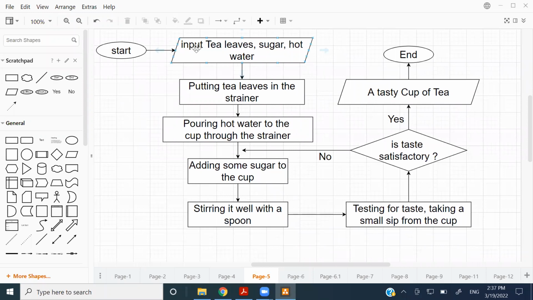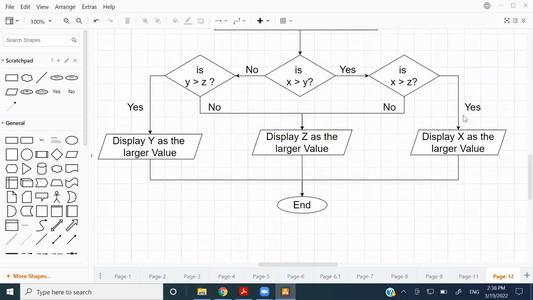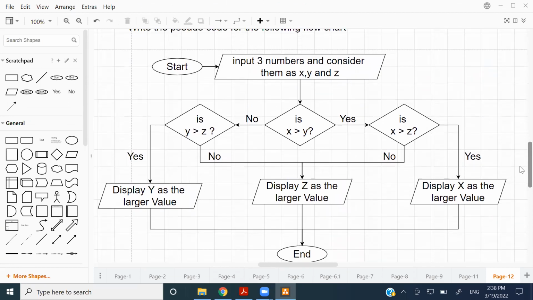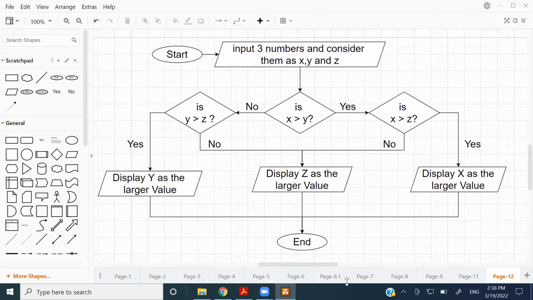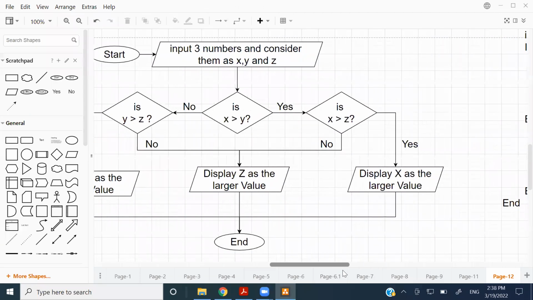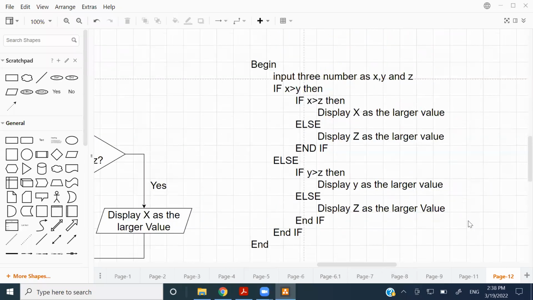As I remember, I gave you a small homework, right? So let's go with that first, then we'll see how things go. Is this the one? Yeah, so your pseudocode should be something like this.